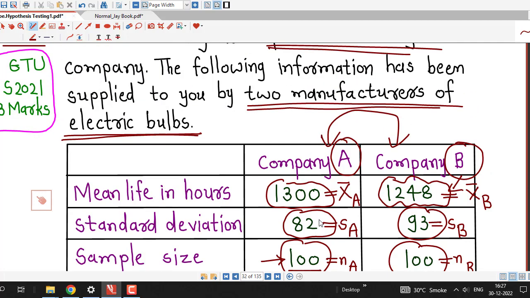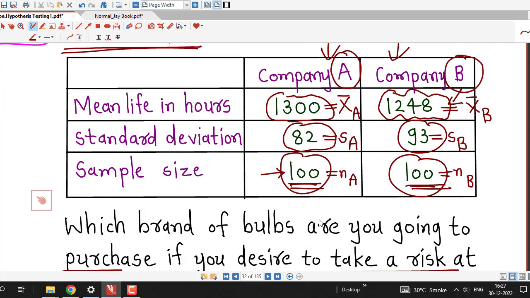So what we have is two samples of electric bulbs from two different brands, and you can see that the mean life in hours for the sample from company A is 1300 hours and this is 1248 hours.